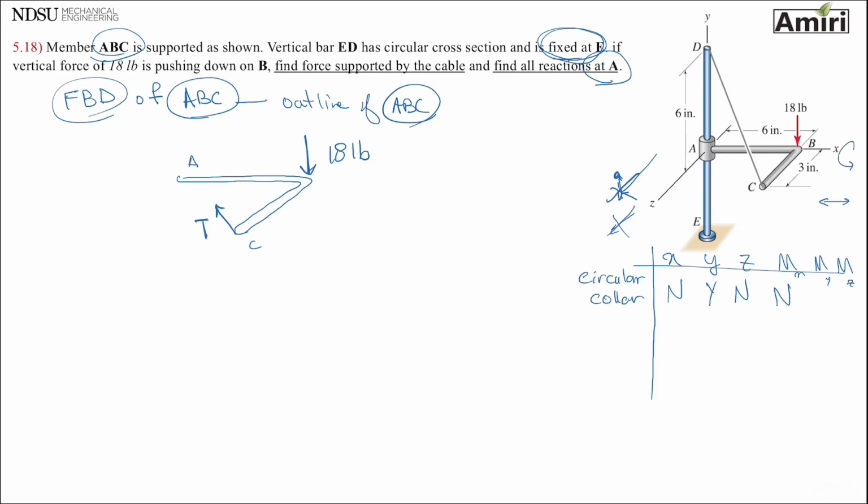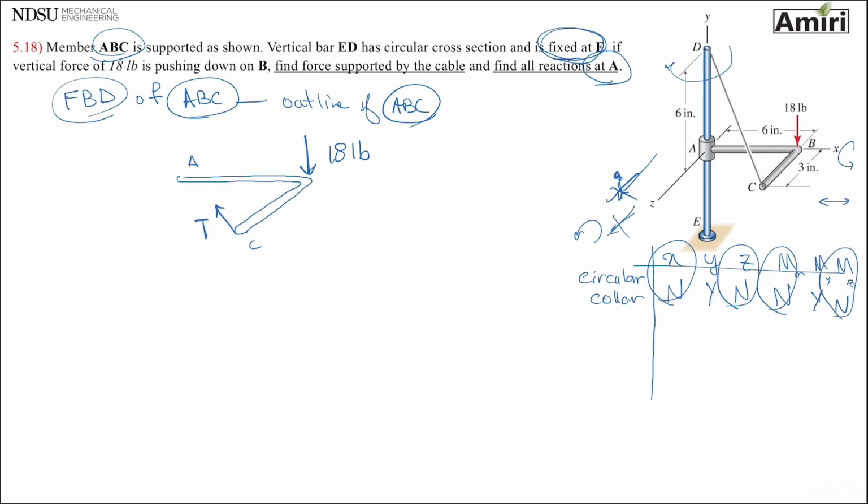No. Does this rotate about Y-axis this way? Yes. Circular. And that's the difference between this one and the one that had a rectangular cross section. Does it rotate about Z-axis? No. So I'm going to circle to make sure I don't miss anything.